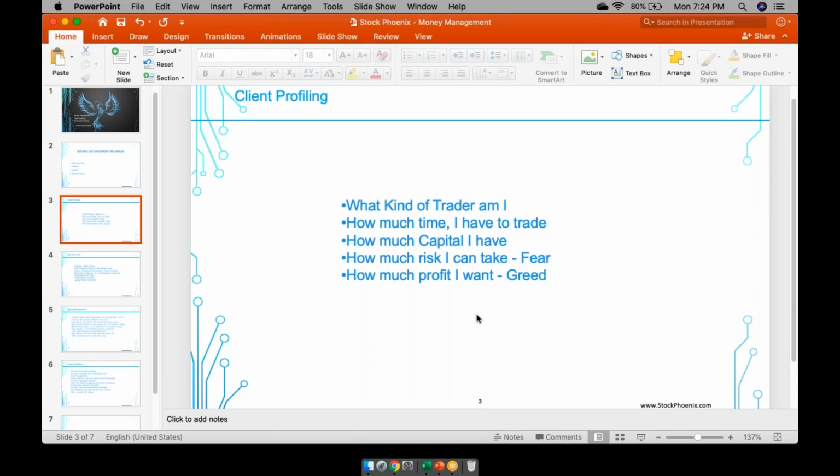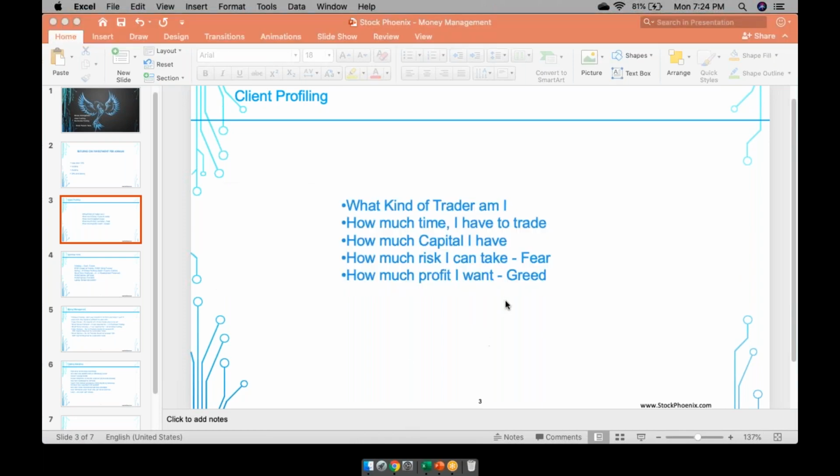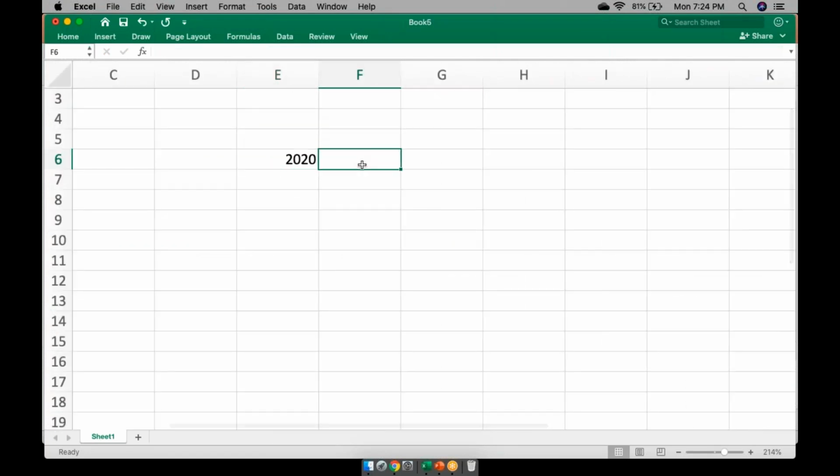Say, for example, in 2020 you started your trading. Let me pull up an Excel. Let me take myself: in 2020 I am starting my trading with 1 lakh rupees capital, and I went up to 1,50,000.